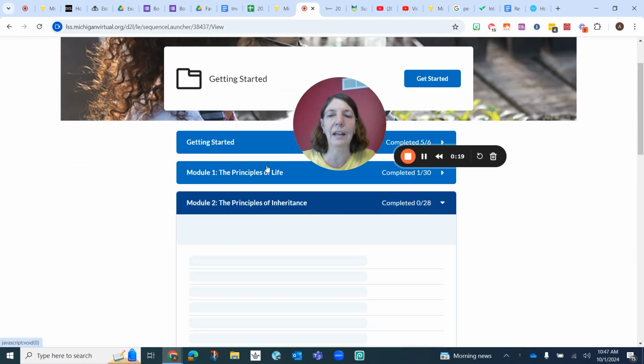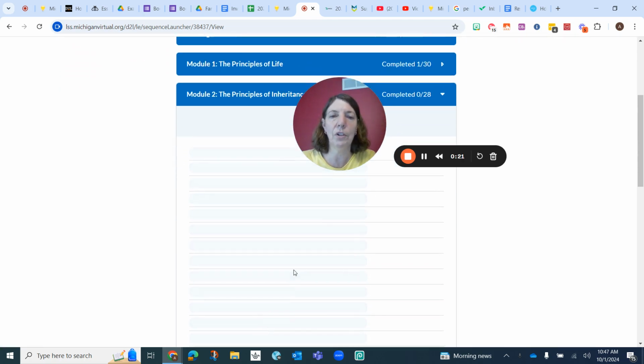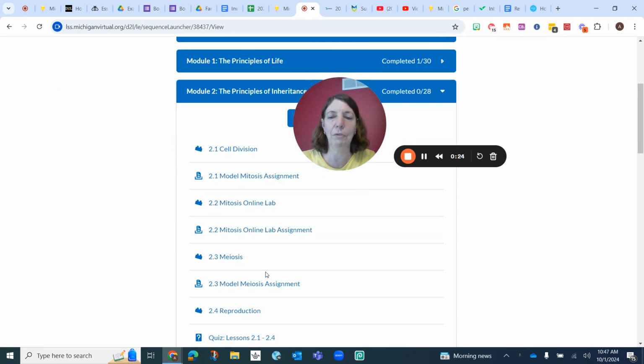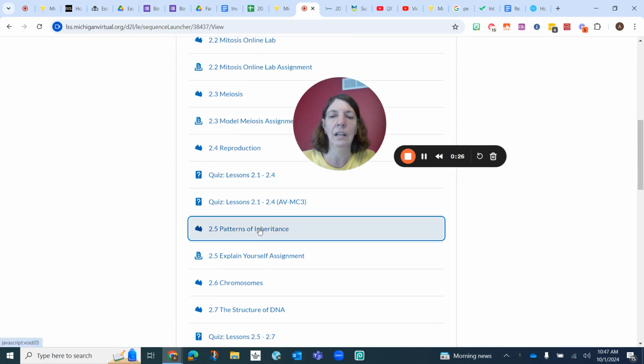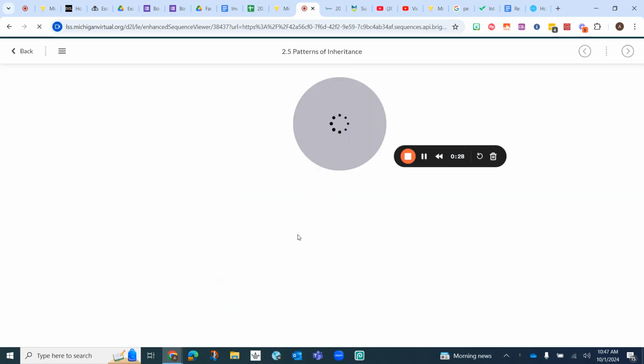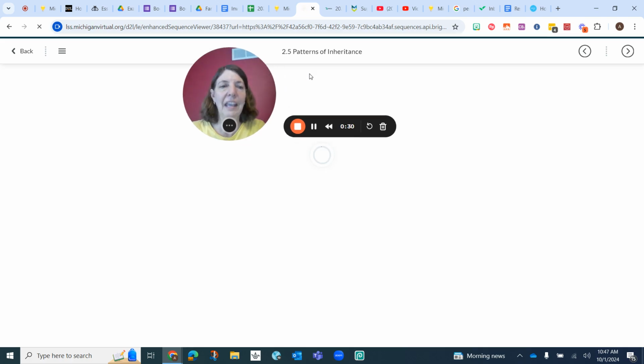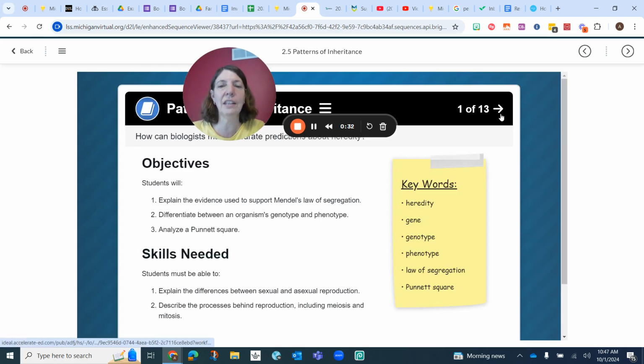So we're looking at module 2, and as we mentioned before, we're looking at the slides, patterns of inheritance. And as you can see, there are 13 slides.